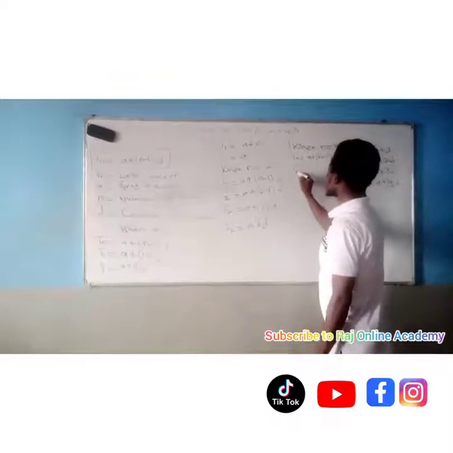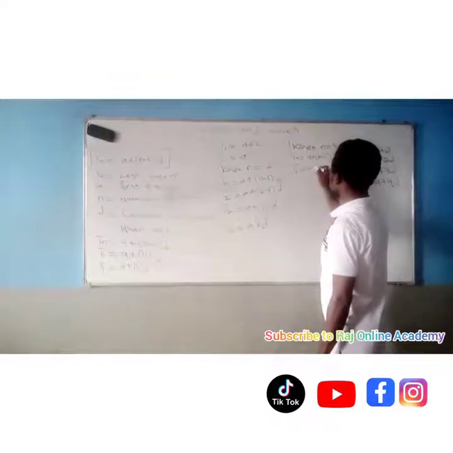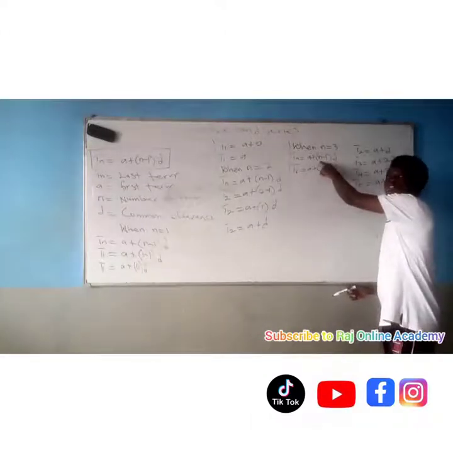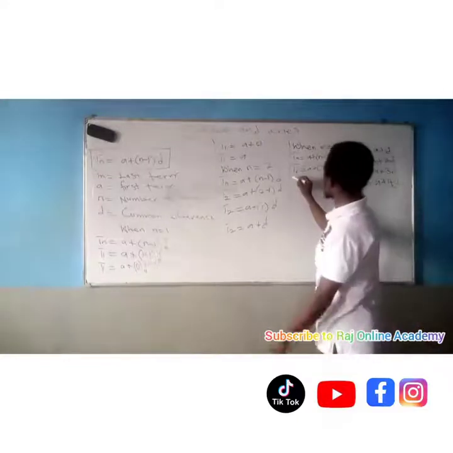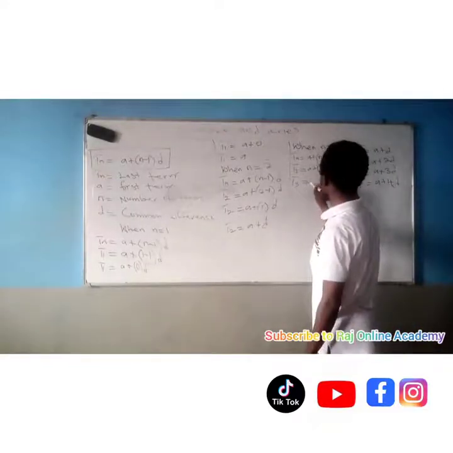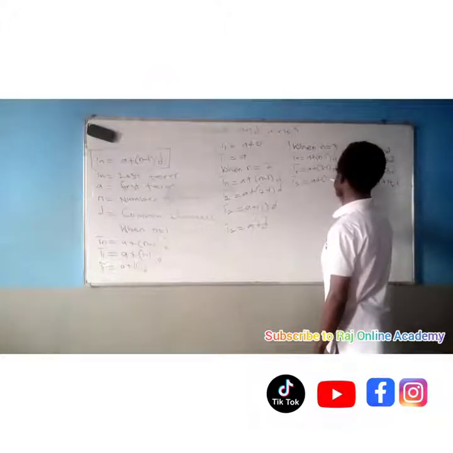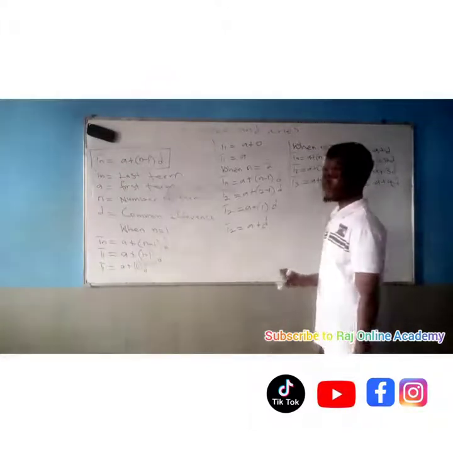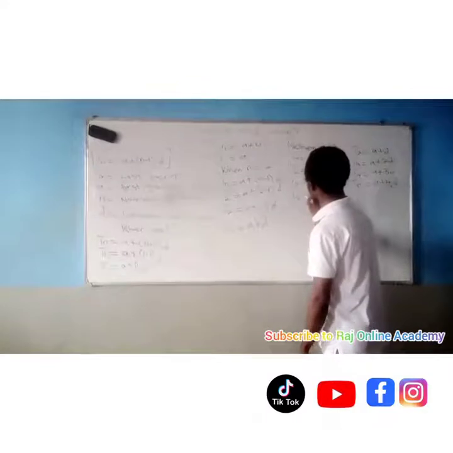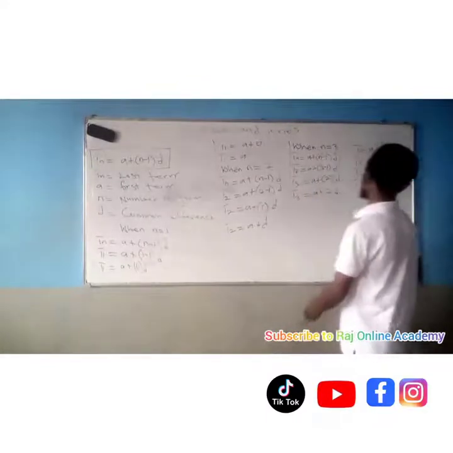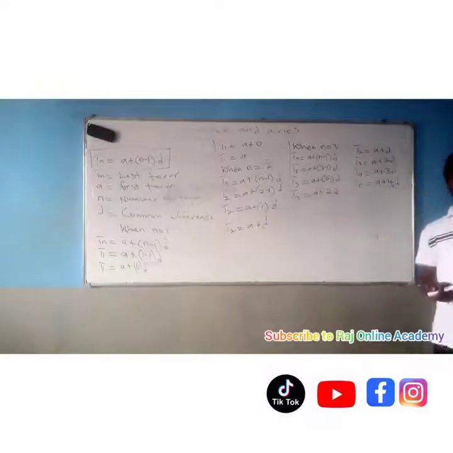So T3 is equal to A plus, in brackets, 3 minus 1, D, because n is equal to 3. T3 is equal to A plus, in bracket, 3 minus 1 which is 2, and we have D. So T3 is equal to A plus 2 times D, which is 2D. So this is how we got these values.